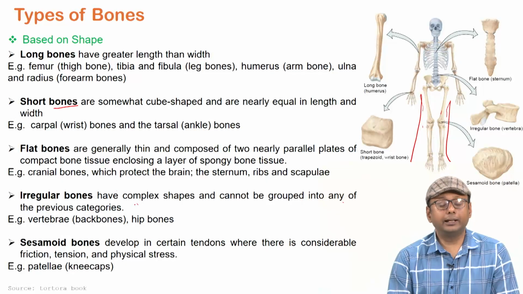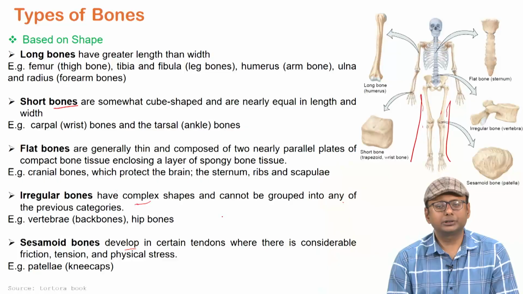There are irregular bones, mostly in the vertebrae we just discussed, which have complex shapes and cannot be grouped into the previous categories. And finally, there are sesamoid bones, which develop inside or near tendons, like the patella.